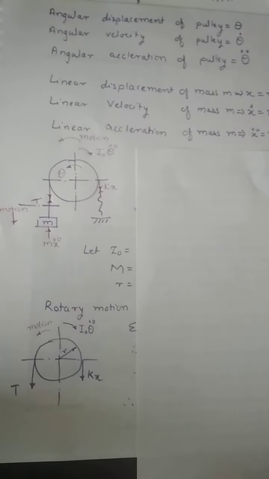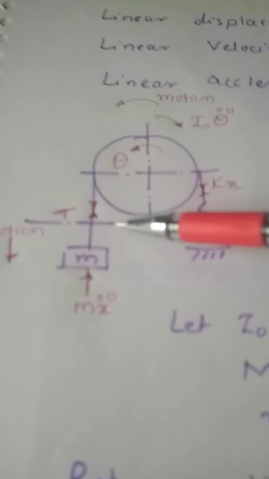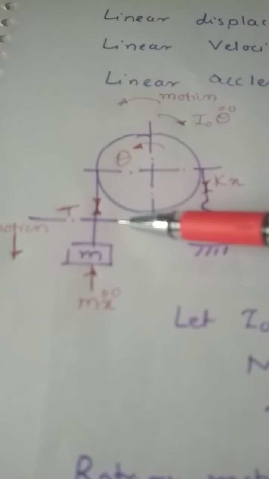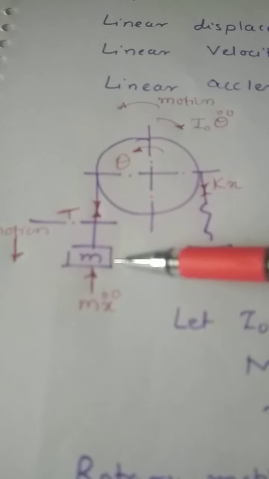Now we will go for its motion analysis. What kind of motion is occurring in the system, and then we will draw its FBD. Here the motion analysis is there. In this one the corresponding motion is downward. The mass m is displaced from its mean position by x distance downward.